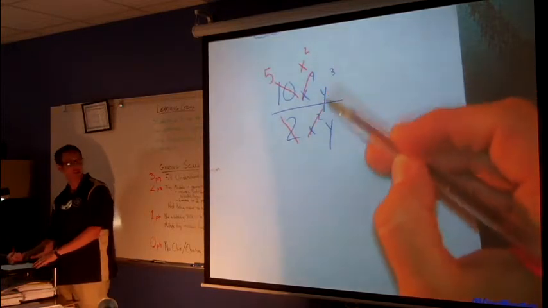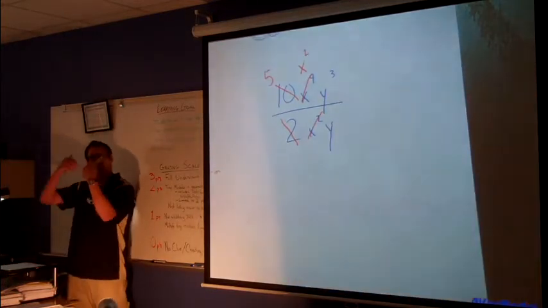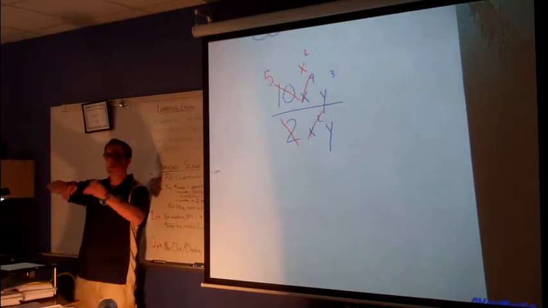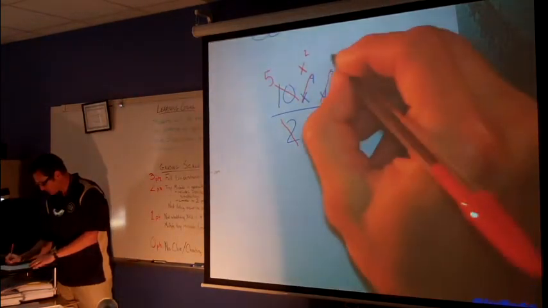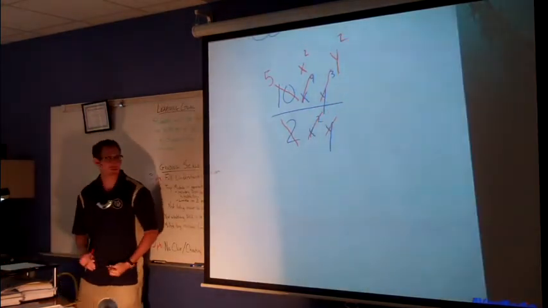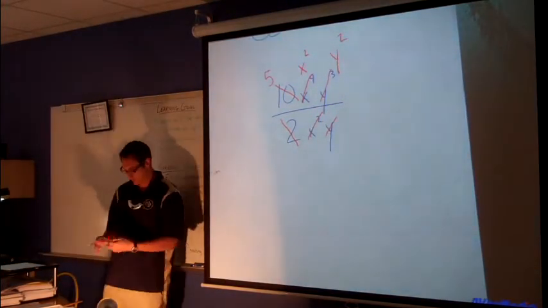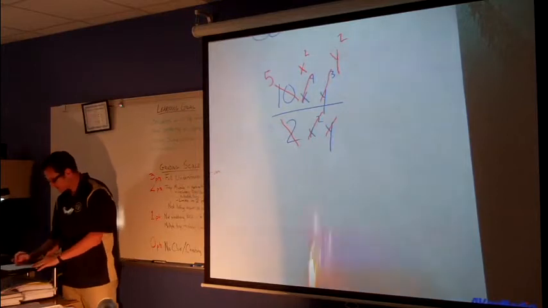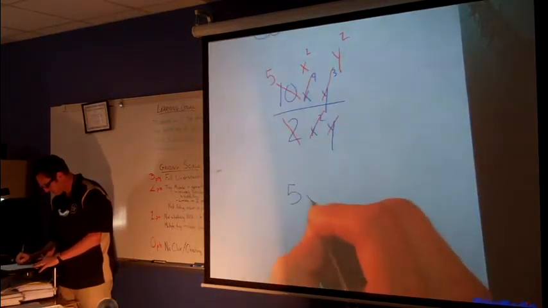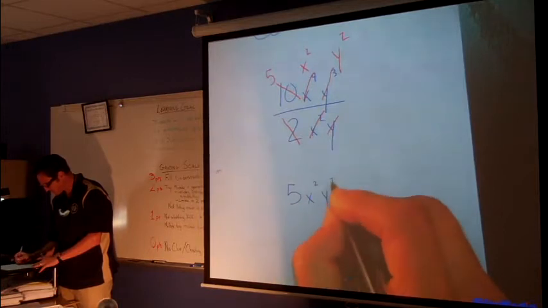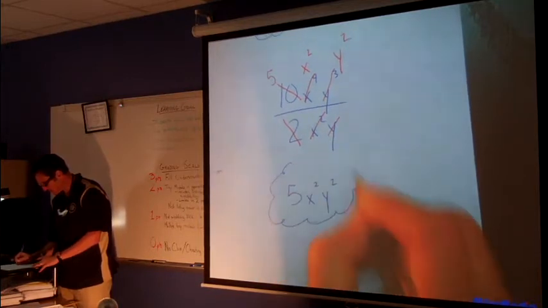And looking at y to the 3rd over y, picturing all the y's written out from the top and bottom and canceling things out, you're going to be left with 2 y's at the top. So you can think of this in terms of canceling. And what's going to be left? 5x squared, y squared, all at the top.